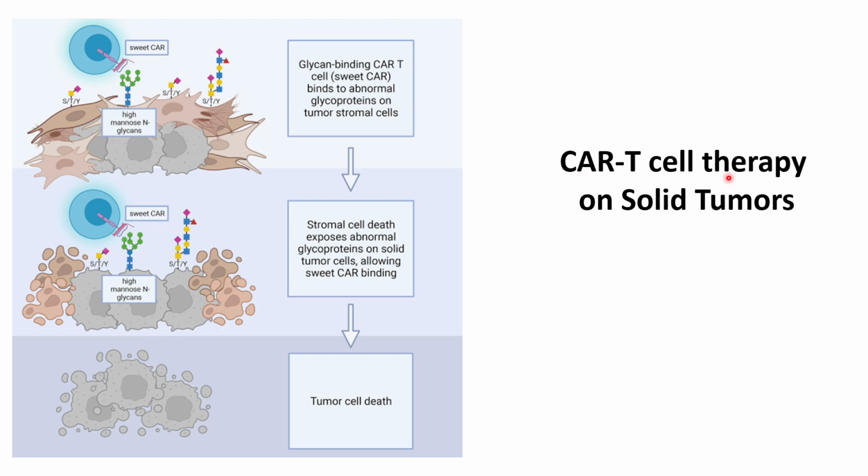So there is a new approach that has evolved so that we can modify these CAR T cells in a way that they can target solid tumors also. The approach to target this is via the abnormal post-translation modification that occurs on the cancer cells.